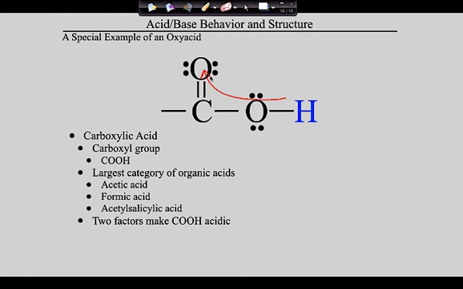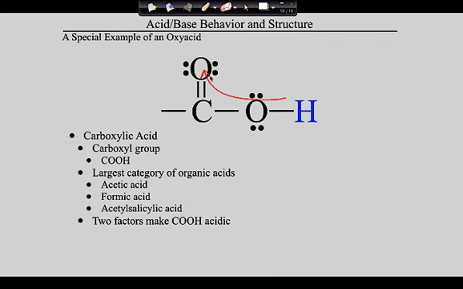Guys, make sure you can put this together in your head. Why does drift make this more acidic? What does that do? No, it's not bond strength. What does it do to this? It makes it more polar, therefore that bond is more likely to break. But guys, guess what? That is not the only reason that this is acidic.